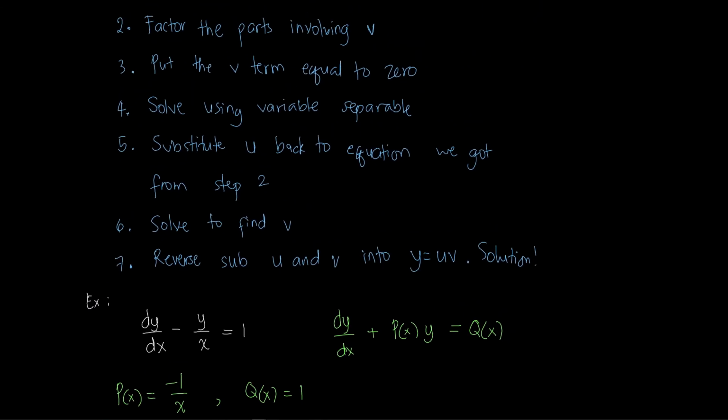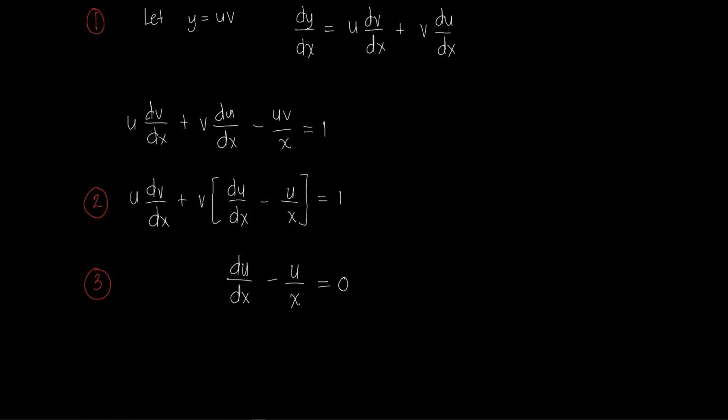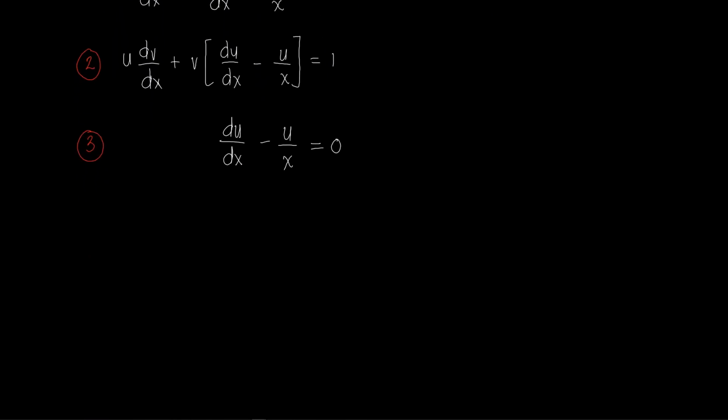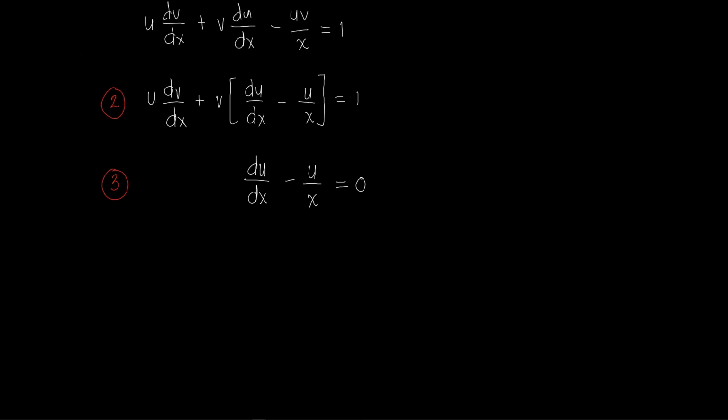Solve using variable separable. So we solve this using variable separable. Moving the term from number 3 to the other side, it becomes positive, so we have du over dx is equal to u over x.